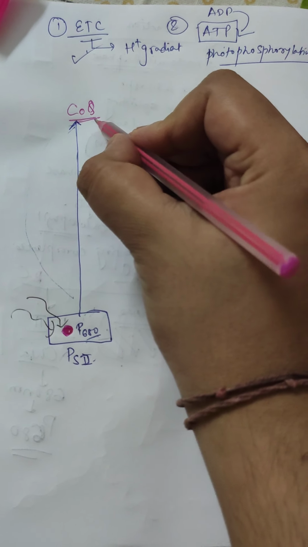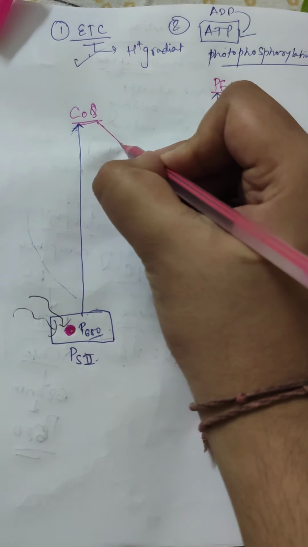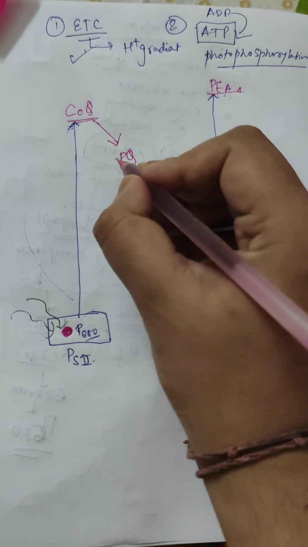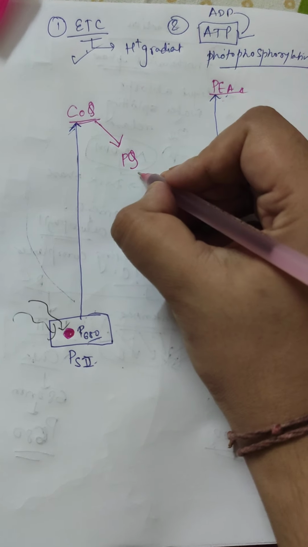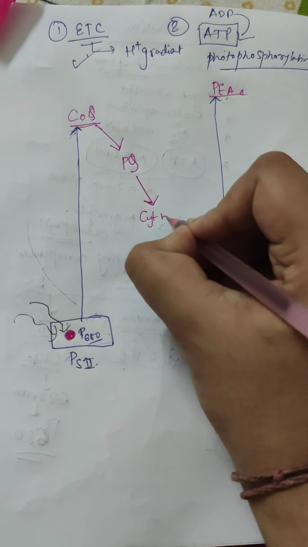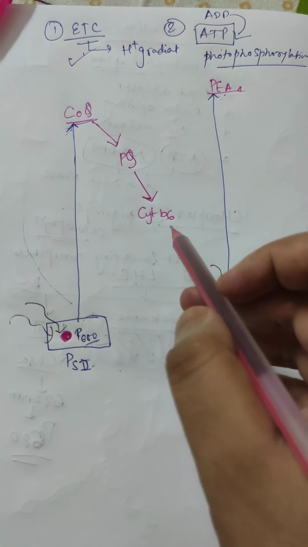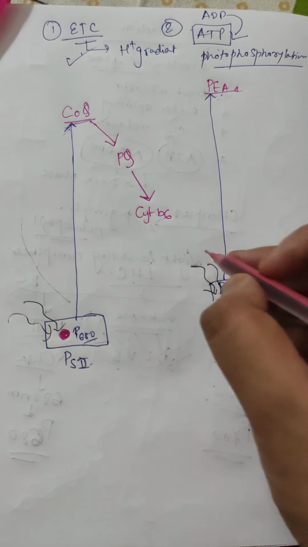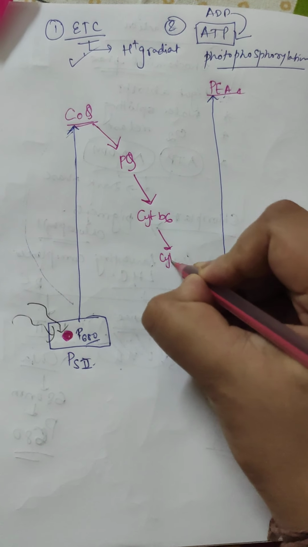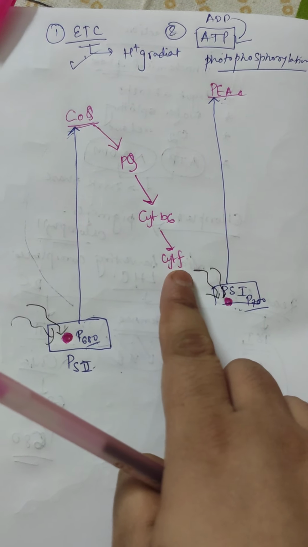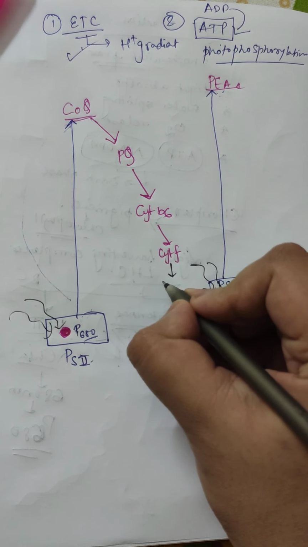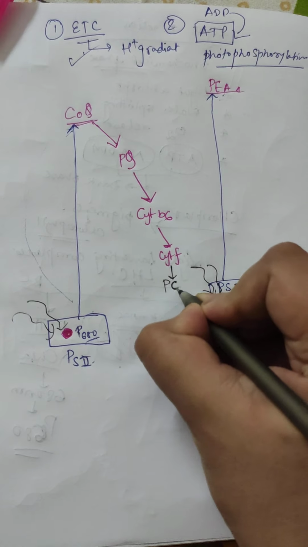Now what happens is that CoQ donates the electrons to plastoquinone, and then it donates the electron to cytochrome B6. Cytochrome B6 donates the electron to cytochrome F, and cytochrome F finally donates the electron to plastocyanin.